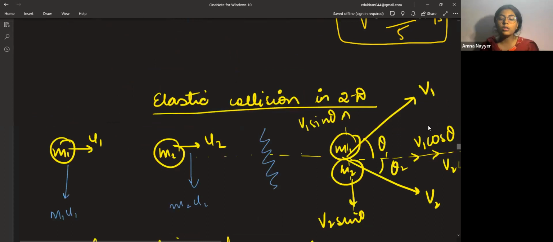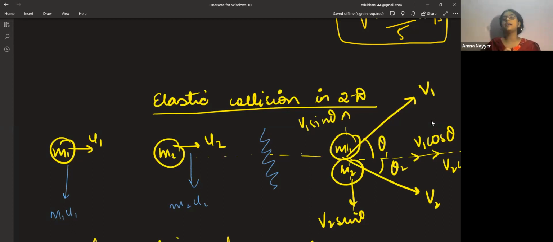Now the velocity which initially used to be V1, after resolution of vectors, this is V1 cos θ1. So if velocity is V1 cos θ1 and mass is m1, what will your momentum be? Mass into velocity, m1 into V1 cos θ1. Is this fact clear or not?